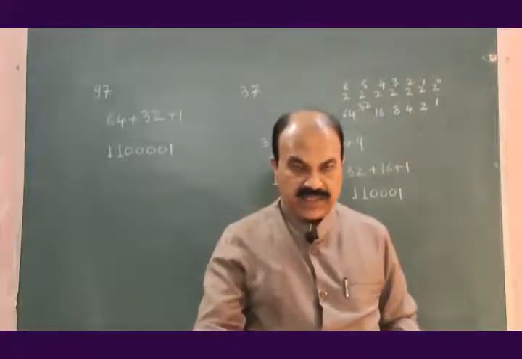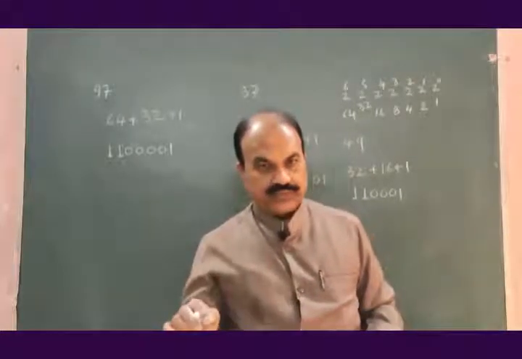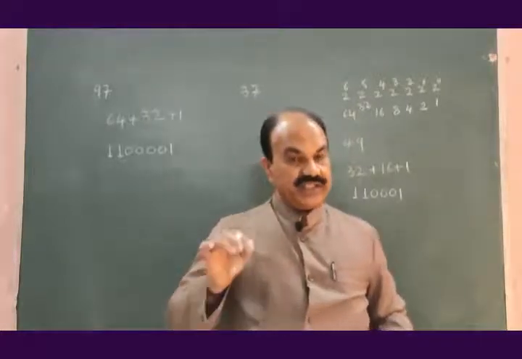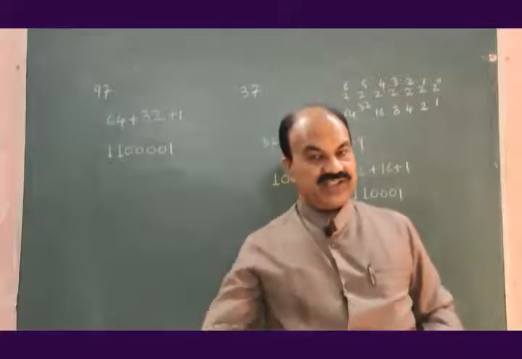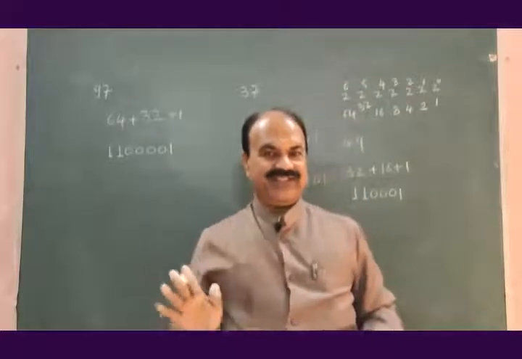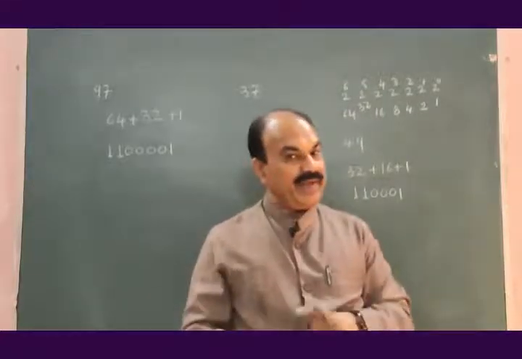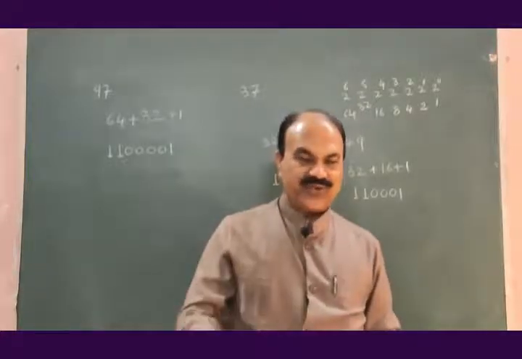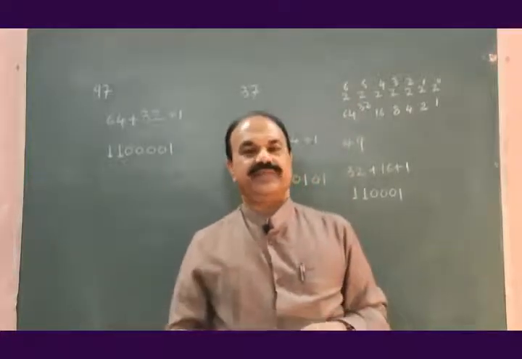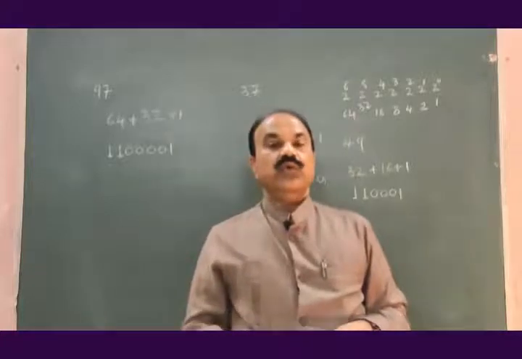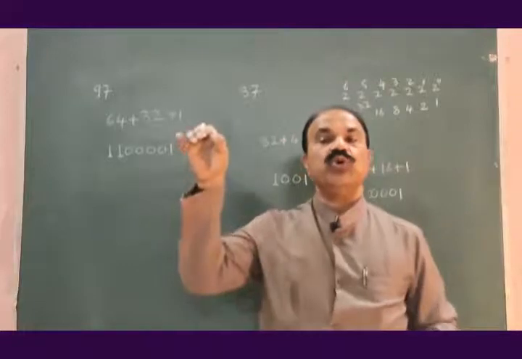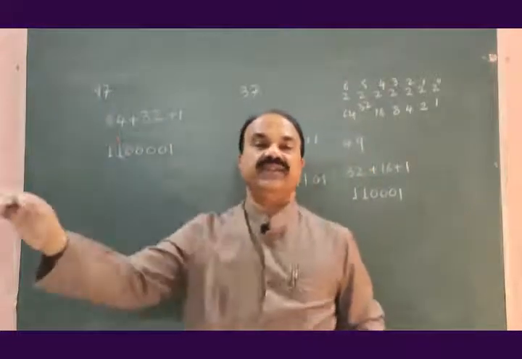Divide the given decimal number by 2. It should be integer division: the quotient will be an integer, the remainder will be an integer, and there will not be any fractional part. Do integer division of the given decimal number by 2, and note the quotient and remainder.